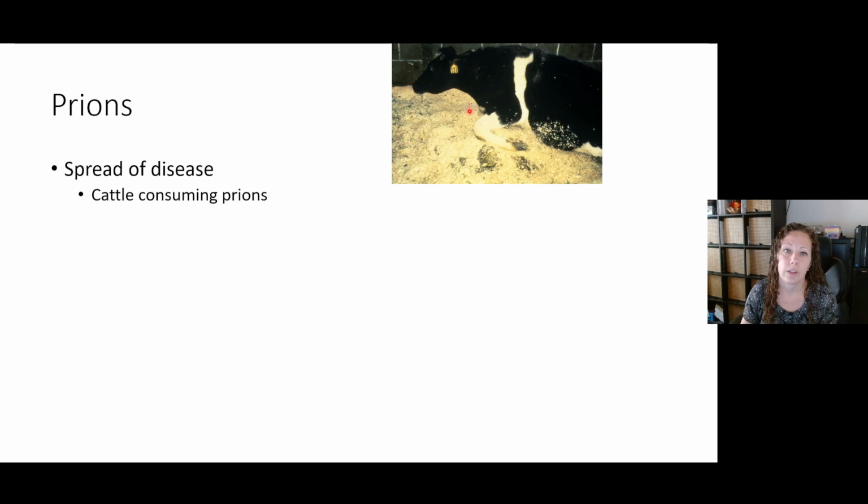If a cow can't stand up, it can't go into the food supply, because that is a symptom of mad cow disease. Certain organs like the brain, spinal cord, and some other tissues that are known to potentially hold prions are not allowed in the food supply either.